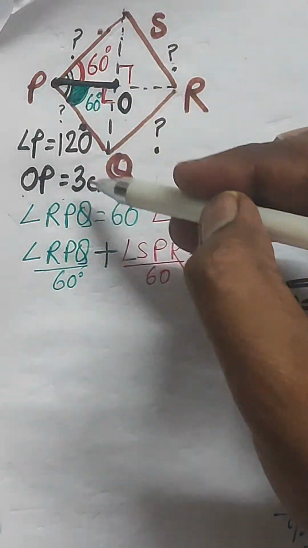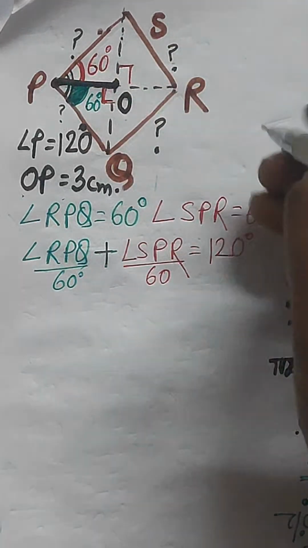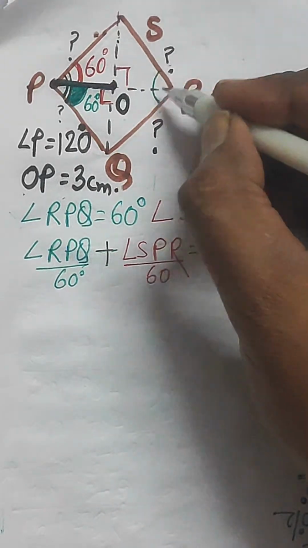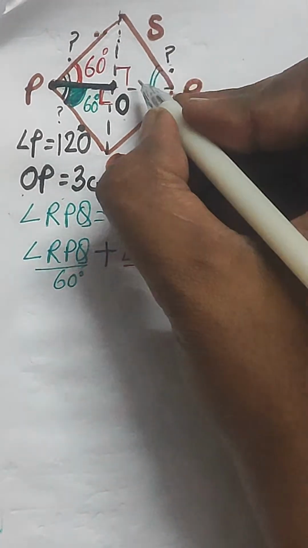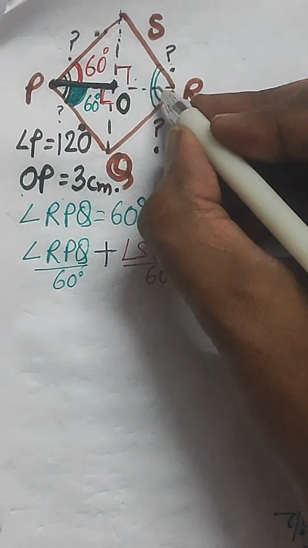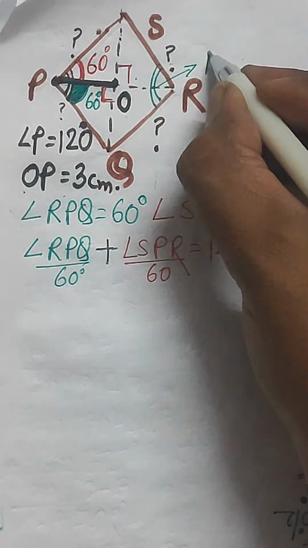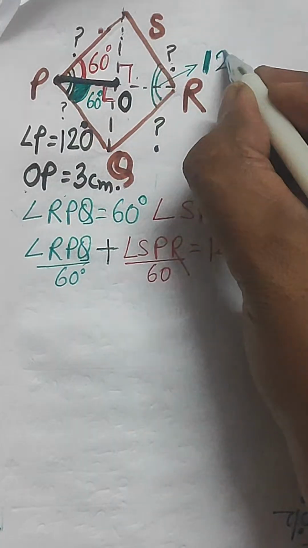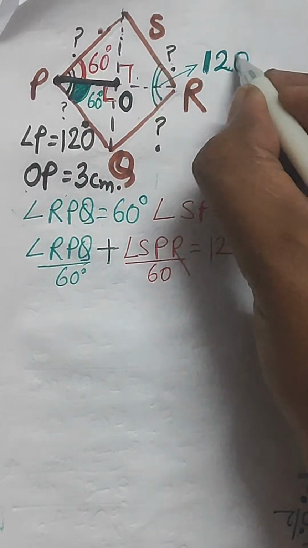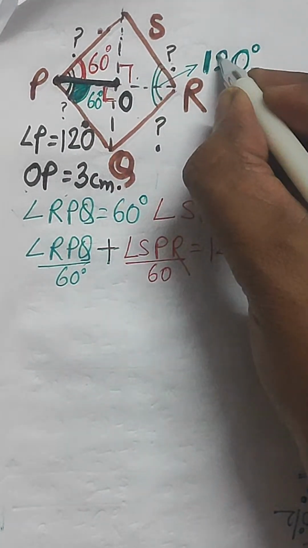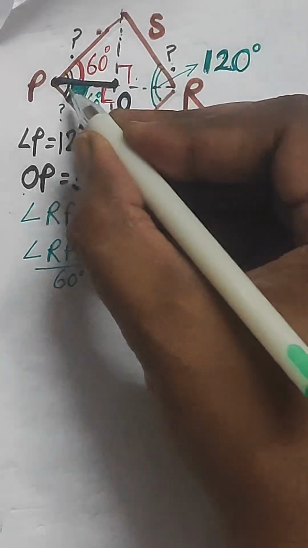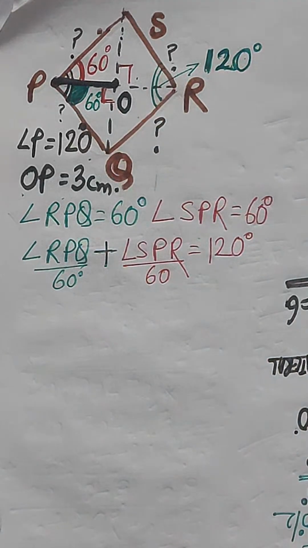A rhombus is a parallelogram. So here this angle R will also be 120 degrees, because angle P is given to you as 120 degrees.